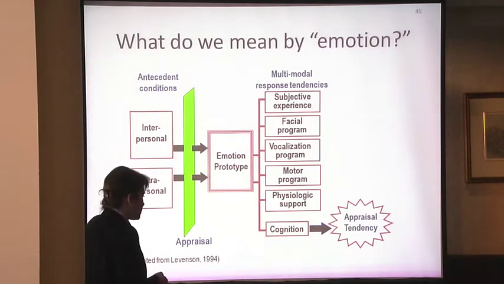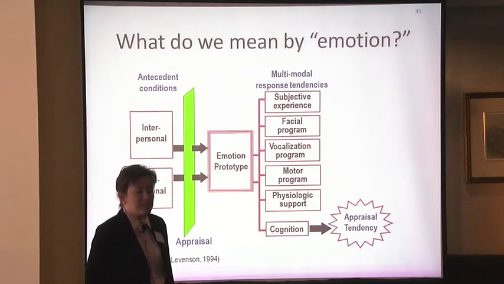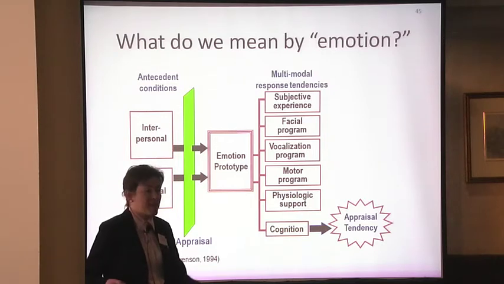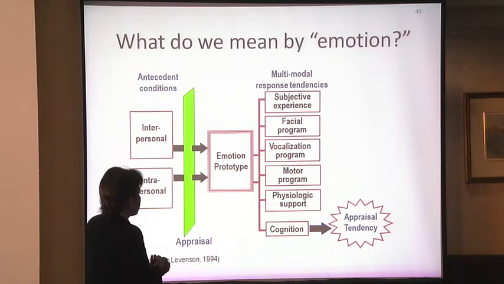For example, if all of a sudden a glass of water falls on the ground, you appraise it as being caused by a person, in which case you might be mad at their sloppiness, or caused by a situation, in which case you might be worried that something bad has happened, like there's been an explosion. And then once the prototype of an emotion exists, let's take anger as the example, you automatically get these multimodal response tendencies.